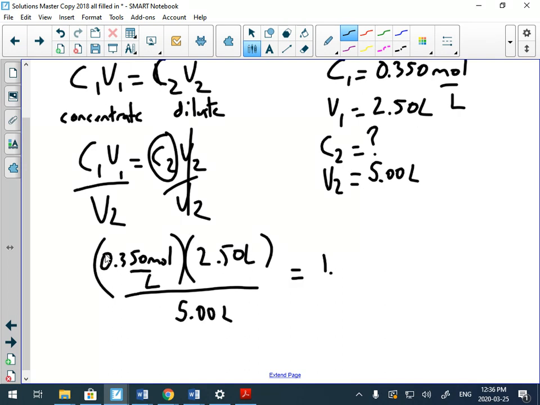Oh, no, I don't wind up with 1. That's not right. Okay, 0.35 times 2.5 divided by 5. I get 0.175 moles per liter.